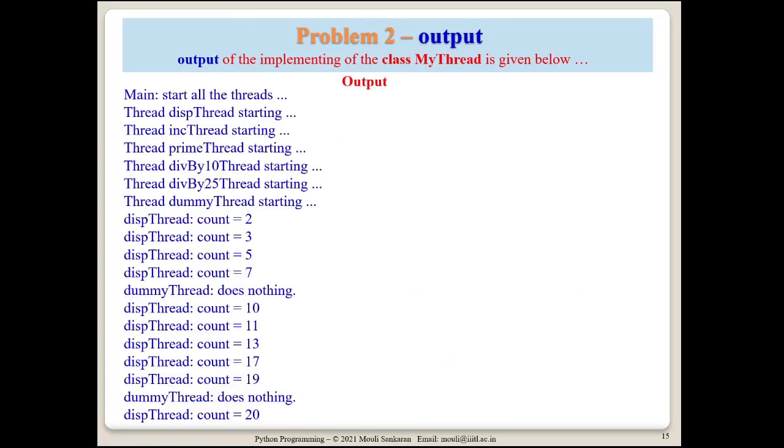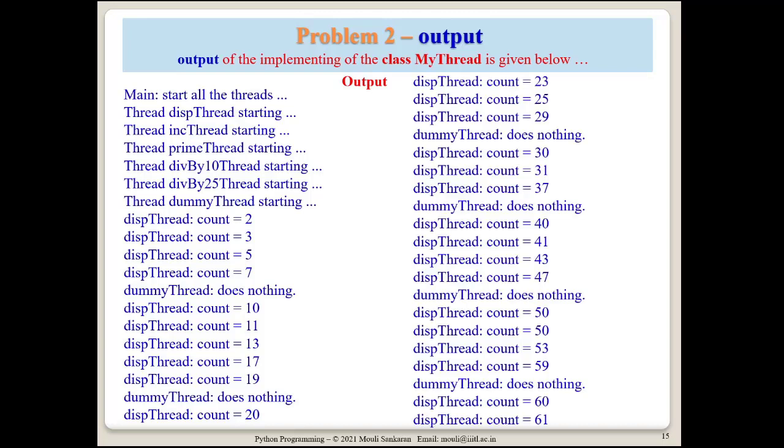So the output will be like this. Exactly the same output you should get. Both should not look different at all, except that the display thread says it has been created and started. After that, these prints will be exactly the same. The only thing is, now they are coming from the display task rather than from the individual threads. That's the only difference.